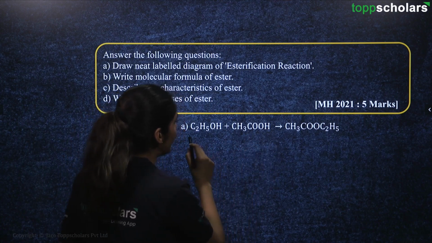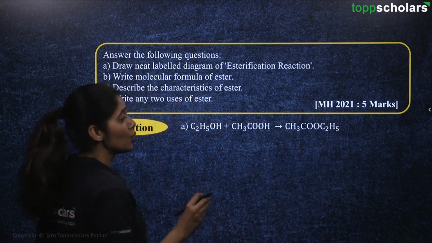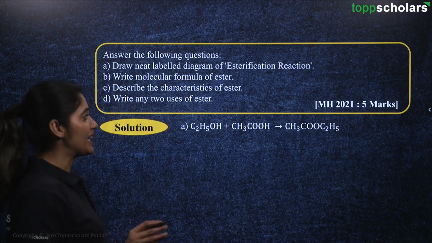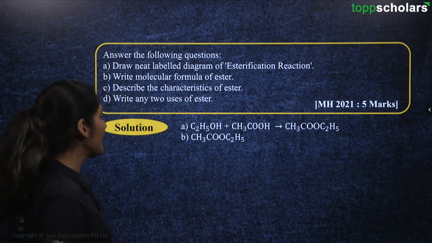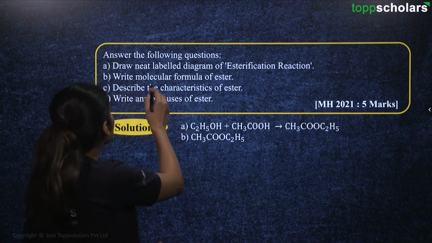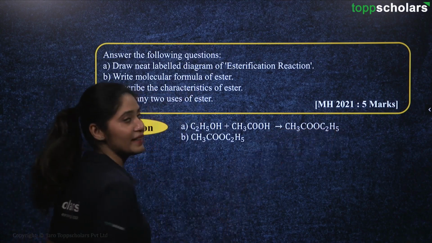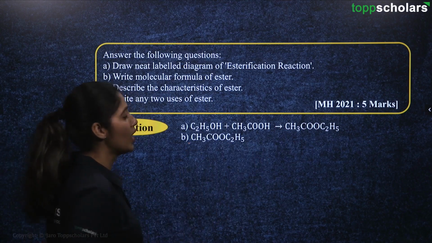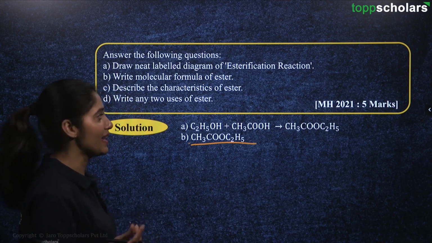This is a carboxylic acid, this is an alcohol, and then we get CH3COOC2H5, which is an ester. So this is an esterification reaction, right? Then what is B, right? Molecular formula of ester. So we have formed an ester, so this is the molecular formula of the ester as well. So we have answered 2 questions just like that.